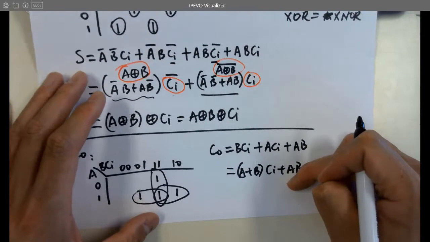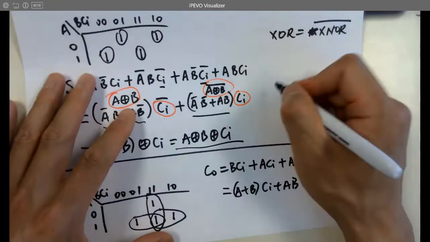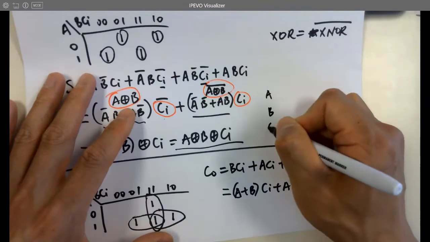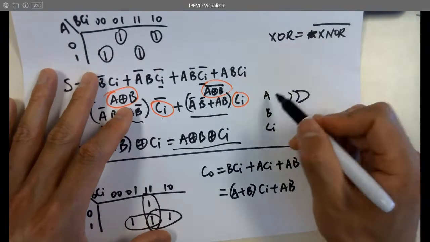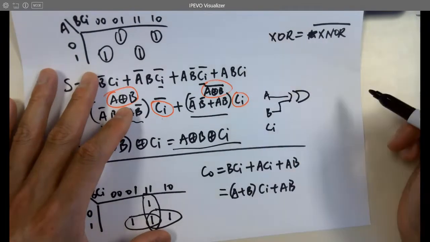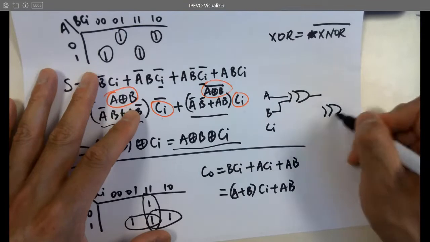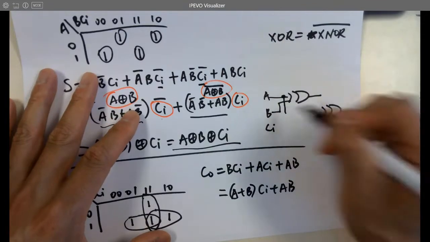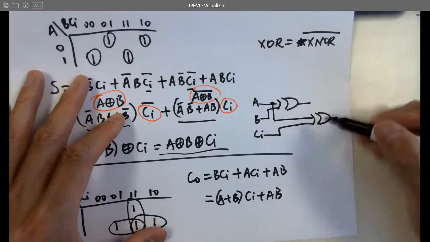Okay. So this is the logic equation for carry out. How do we design the circuit out of it? Schematic. A, B, CI. We need the XOR gate. Connect A and B. Output. We need another 2-input XOR gate. So which one?